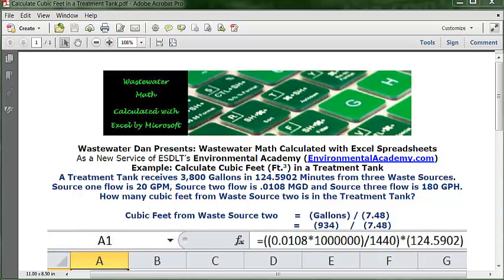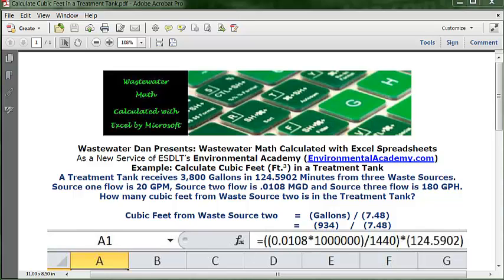environmentalacademy.com, today's example is to calculate cubic feet in a treatment tank. And the problem reads, a treatment tank receives 3,800 gallons in 124.5902 minutes from 3 waste sources.